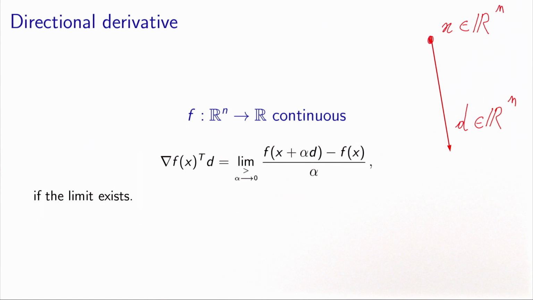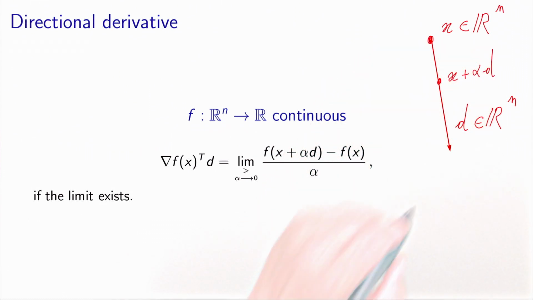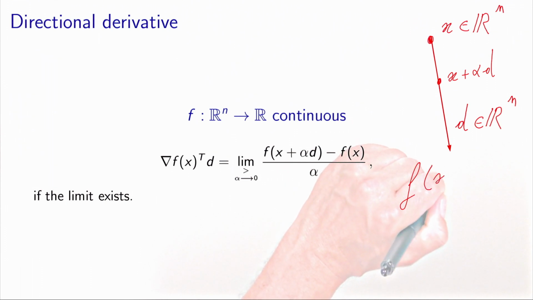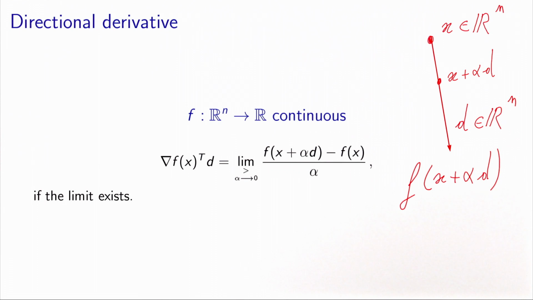To do so, we do a step of length alpha in the direction d. We obtain a new point, which is x plus alpha d, and then we measure the value of the function at that new point. So the idea now of the derivative is to compare the value of the function at the new point with the value of the function at x.